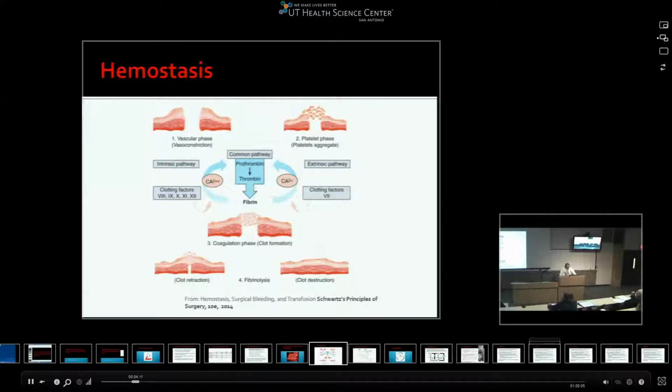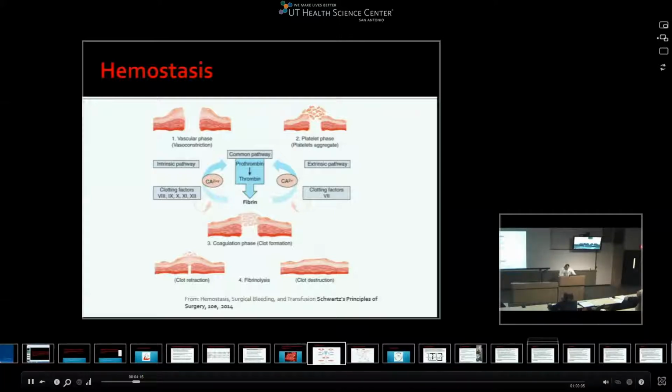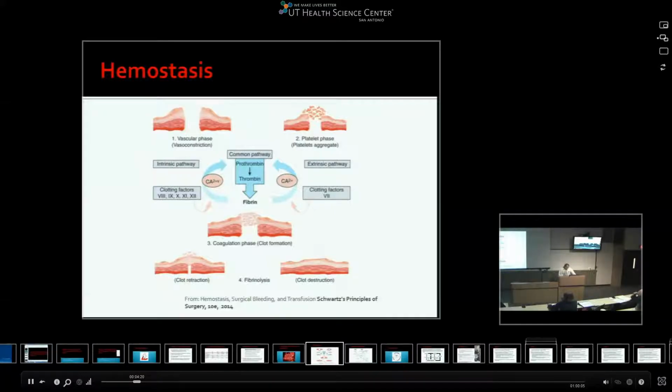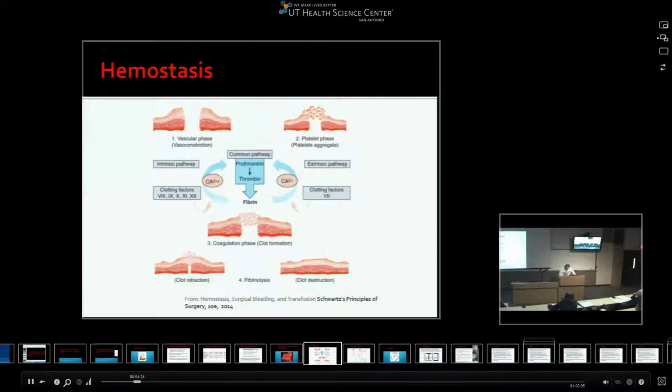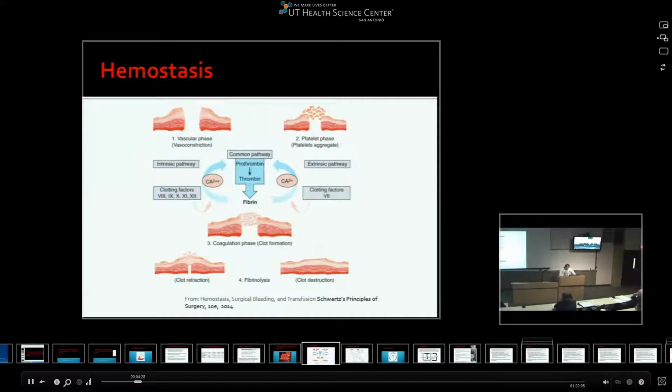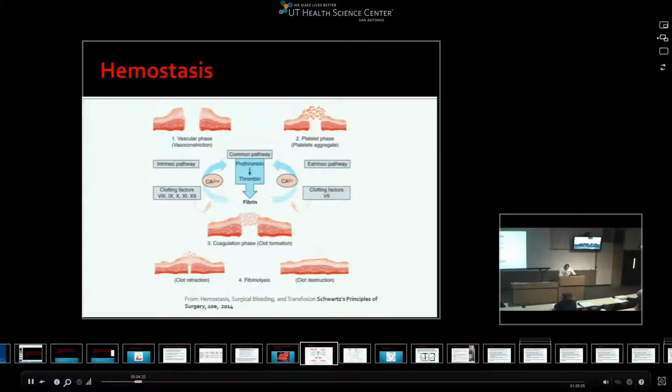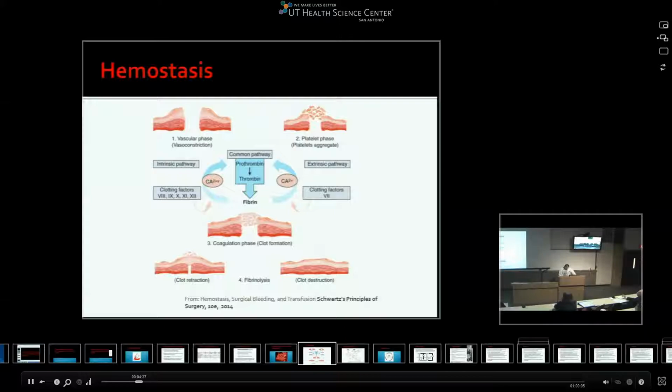The initial process is vasoconstriction, which is mediated by vasoconstrictors like thromboxane, endothelin, serotonin, or bradykinin. Then in the second phase, a platelet plug is formed to aid in the cessation of bleeding. Von Willebrand factor binds to glycoprotein 1b on the platelet membrane, and other platelets get recruited to the area. This is known as primary hemostasis and is still reversible.